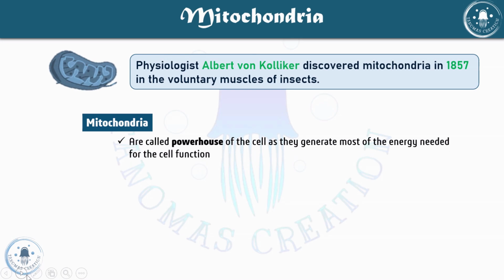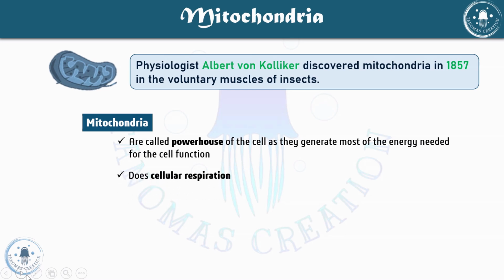Coming to the functions of the mitochondria, we all must be familiar with the term powerhouse. Mitochondria is generally termed the powerhouse of the cell. Why? Because they generate most of the energy needed for cell function. As we all need energy to work, the cell also needs energy to function. That is provided by the mitochondria, which is why it is called the powerhouse of the cell.